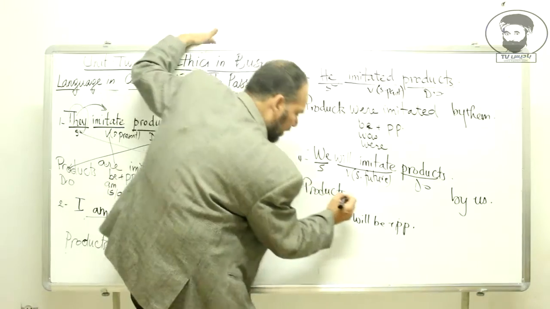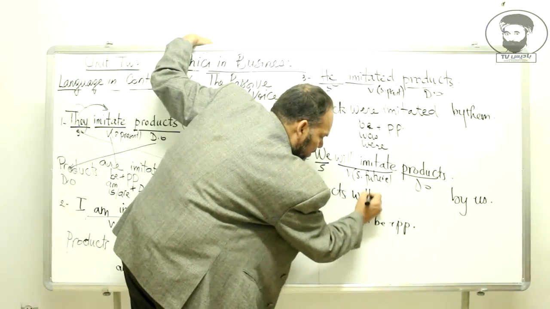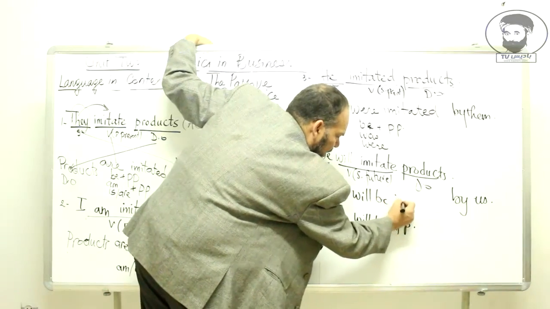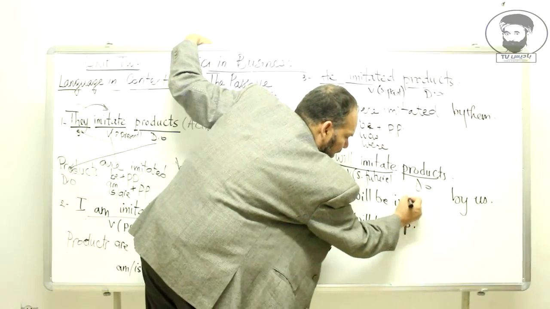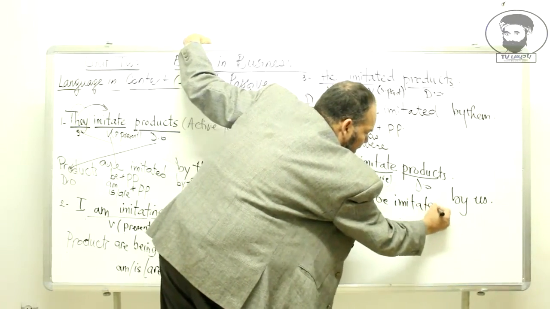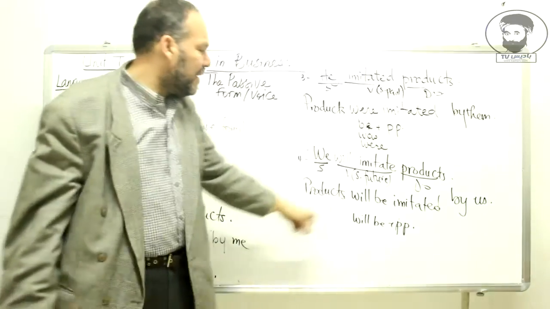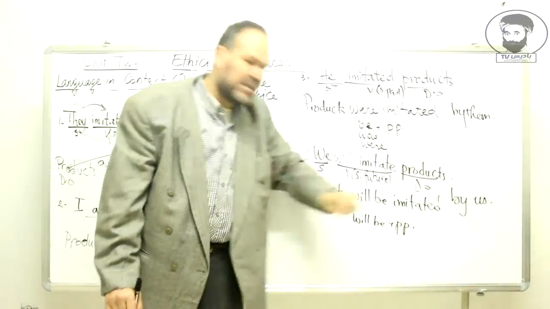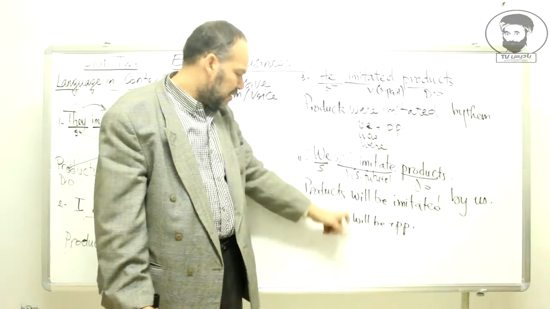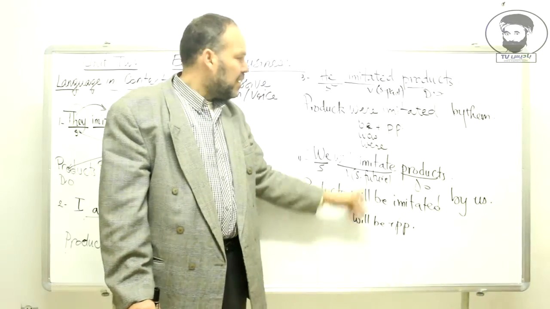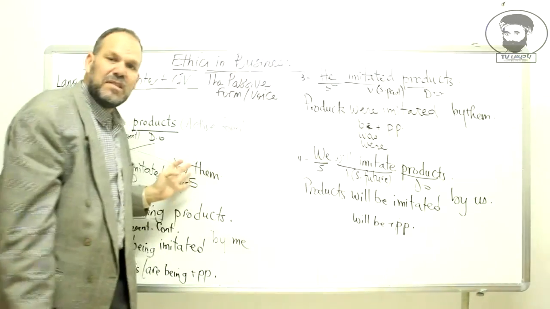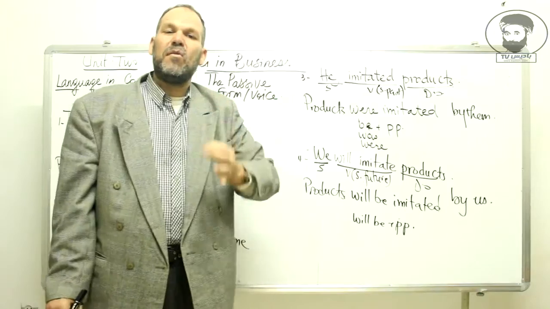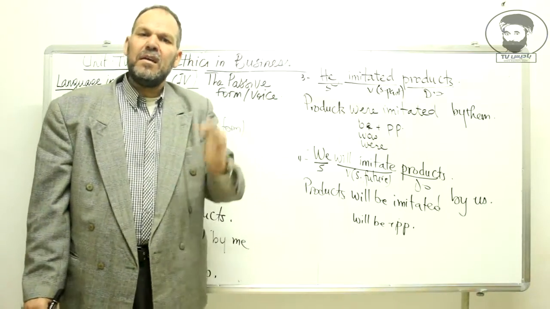So we say products will be imitated by us, which is we. So it's very easy. What we have got to do in the passive voice is just to learn the forms of to be in the tenses.